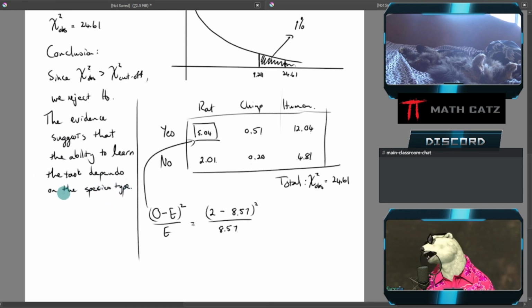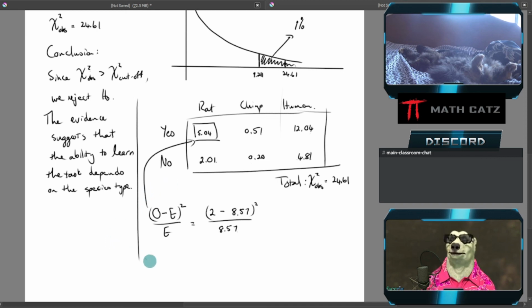You can say a lot of things here. You can phrase this in a lot of ways, right? There's some relationship between them. We don't know what that is, but the evidence suggests that being a rat versus being a chimp versus being a human, that does affect your ability to learn the task somehow.